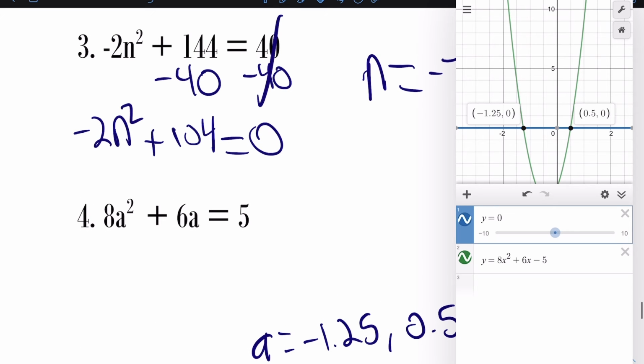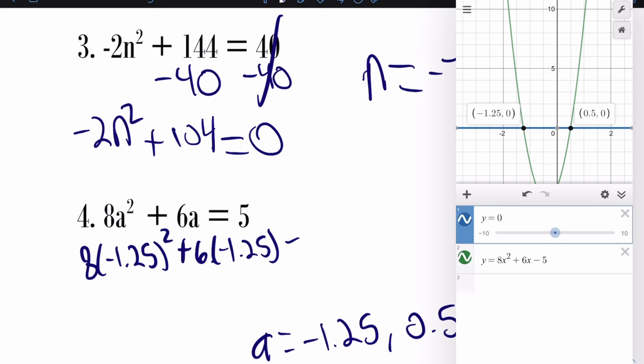If I put negative 1.25, 8 times negative 1.25 squared plus 6 times negative 1.25, will that be equal to 5?